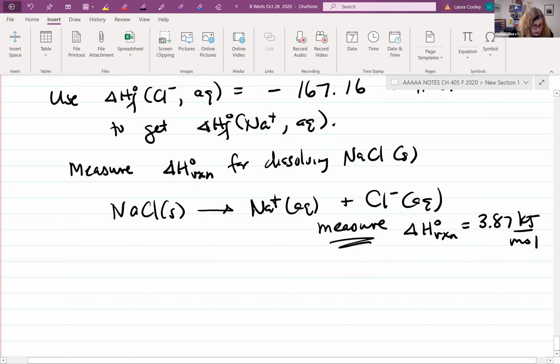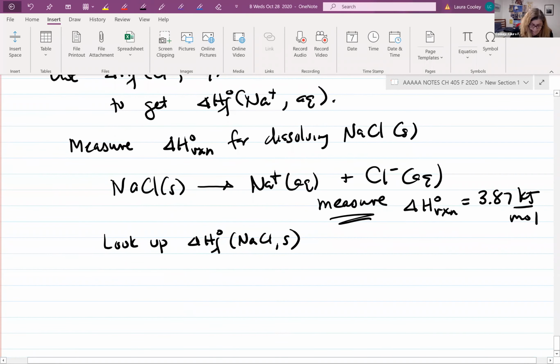And you would look up the delta HF0 of NaCl, because that's not affected, that's easy to do. It's not going to be something where you can't separate. Just form it, measure the delta HF0.